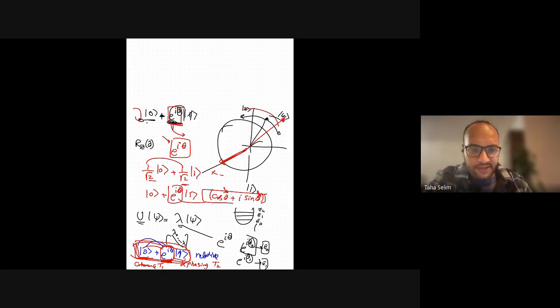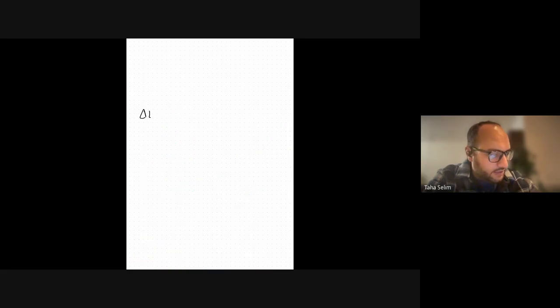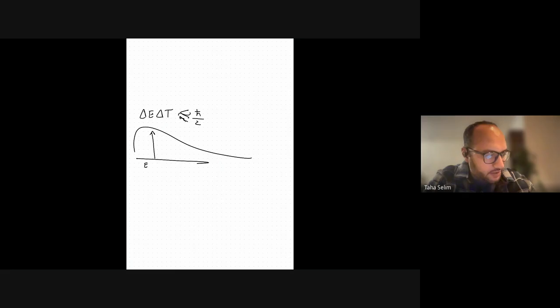the Heisenberg uncertainty principle. The uncertainty principle says that delta E times delta T is related to h bar, I think h bar over 2, or something like greater than h bar over 2. It means that if your energy is sharp, then the lifetime is infinite.